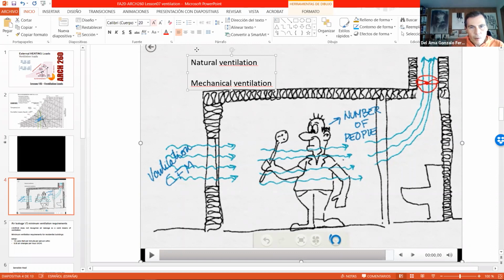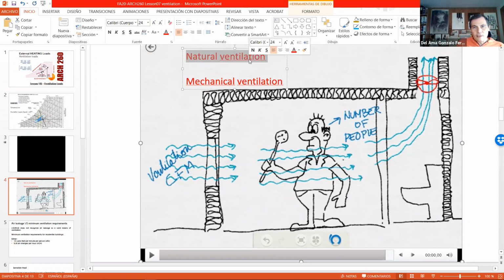So again, natural ventilation: people have been living on this planet and have used natural ventilation until the 20th century. What is natural ventilation? Fresh air enters, and if we open a window, then we don't need mechanical ventilation.